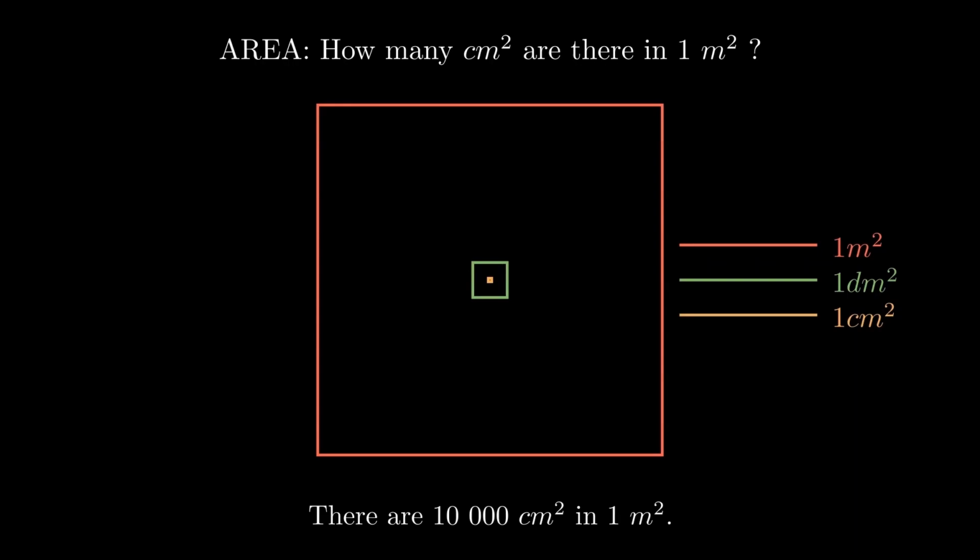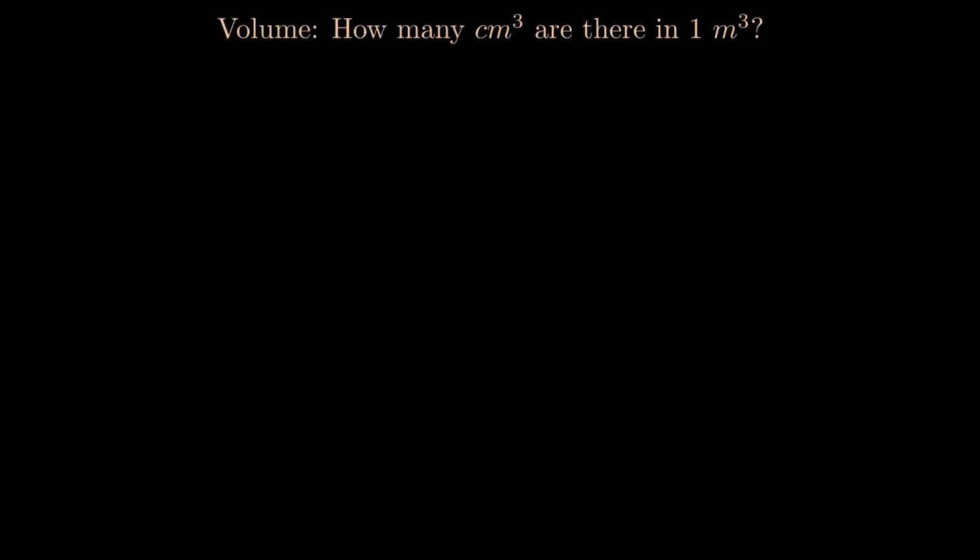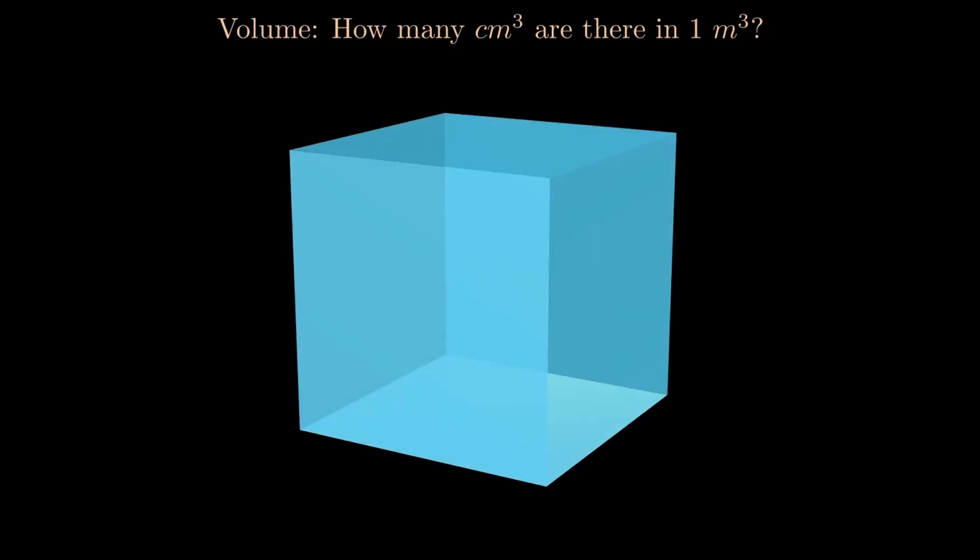What about volume? All right. So how many cubic centimeters are there in 1 cubic meter? Let's compare the space in 1 cubic centimeter compared to the space in 1 cubic meter. So imagine this is 1 cubic meter, this blue box here, that's 1 cubic meter.